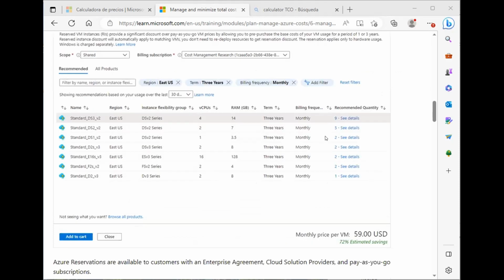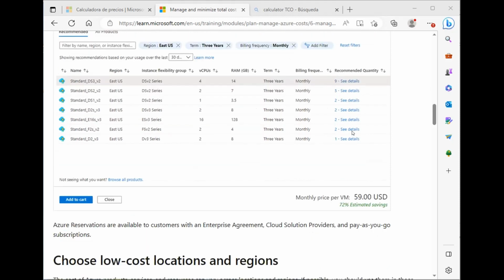In this image, we can see the different virtual machines, regions, instances, CPUs, RAM, terms, billing frequencies, and recommended quantity. At the bottom is the monthly price per virtual machine, $59, a 72% estimated saving.